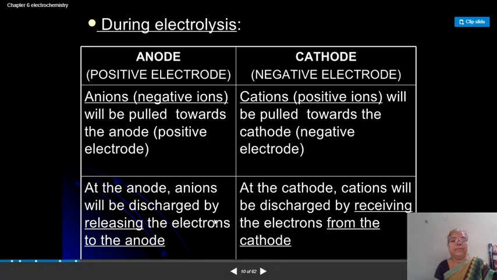In short, oxidation occurs at the anode and reduction occurs at the cathode.